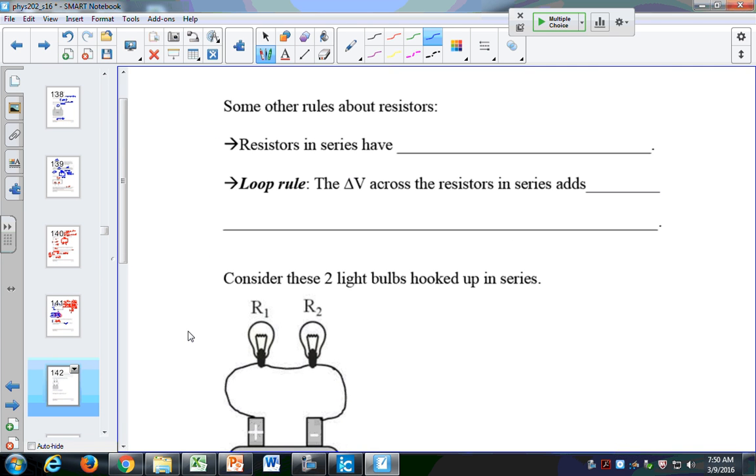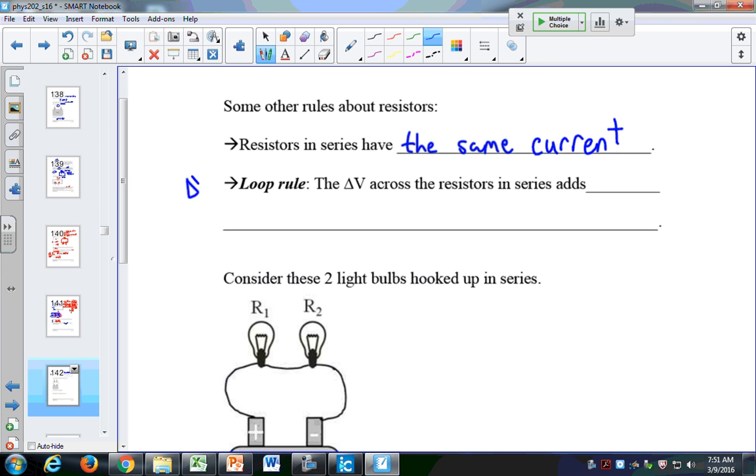All right, so just to formalize those rules, I've already stated them, but resistors in series have the same, gosh, what do they have the same of? Same current, voltage, or what? They have the same current. They have to have the same current. So resistors in series have the same current. And then also the loop rule.